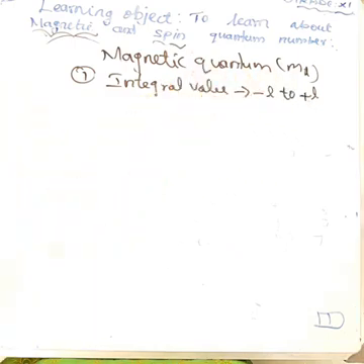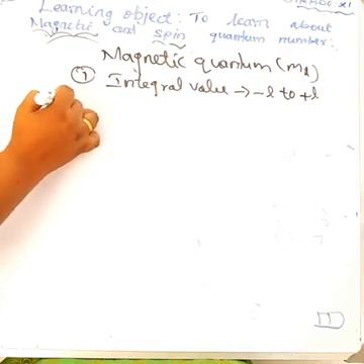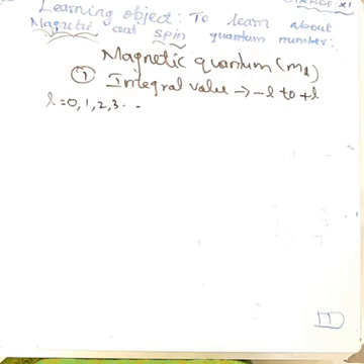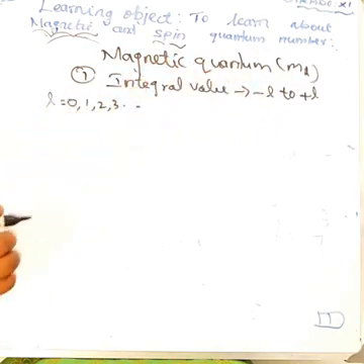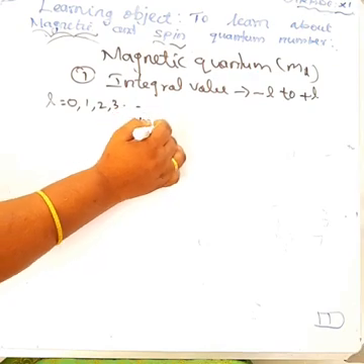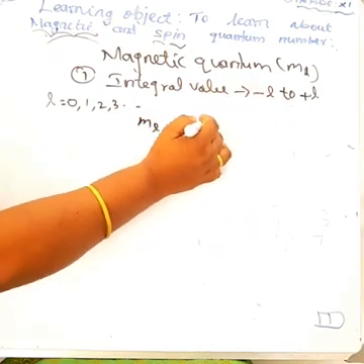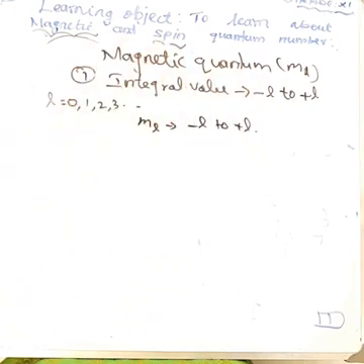Okay, so the L value is 0, 1, 2, 3 and so on. What about the integral values for the magnetic quantum number ML? ML ranges from minus L to plus L. Suppose L is equal to 0.